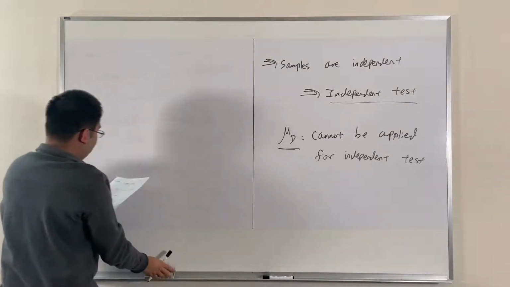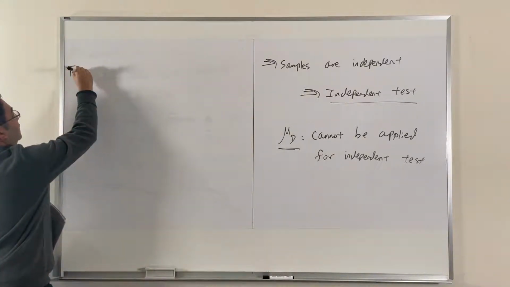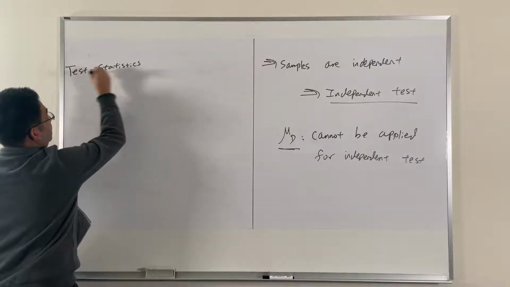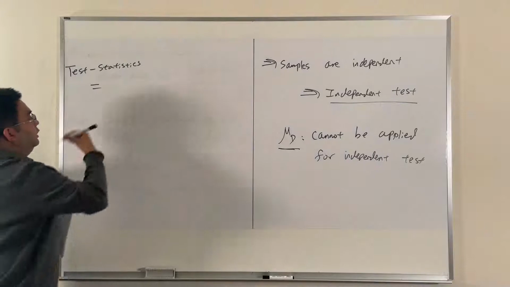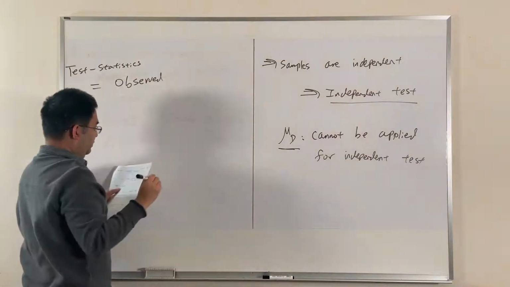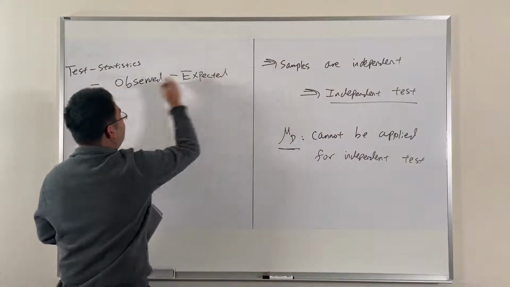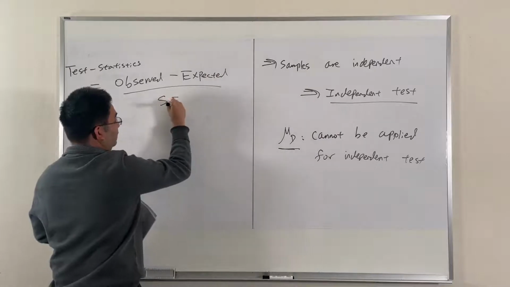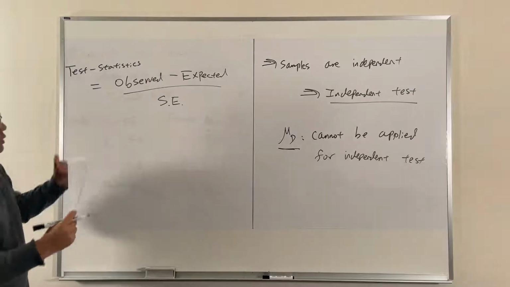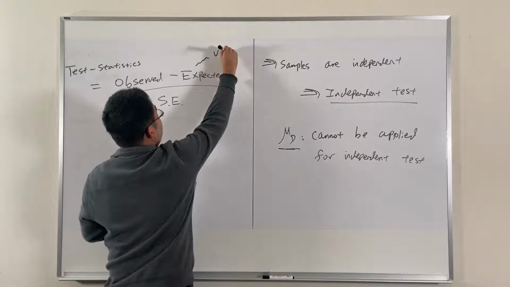The test statistic that you're going to use for independent tests is the observed value minus your expected value, divided by your standard error. Okay, there's a lot to talk about here. Let me first say that the expected value is the value to test.